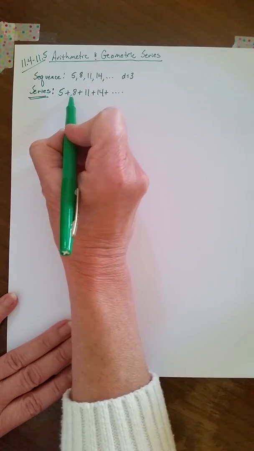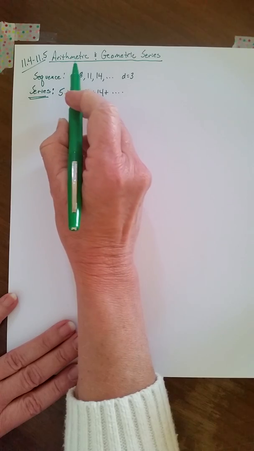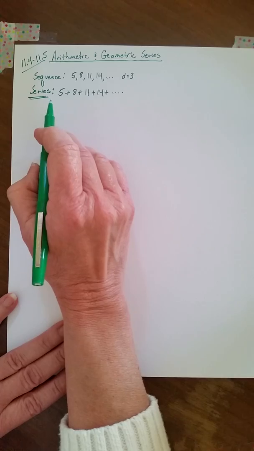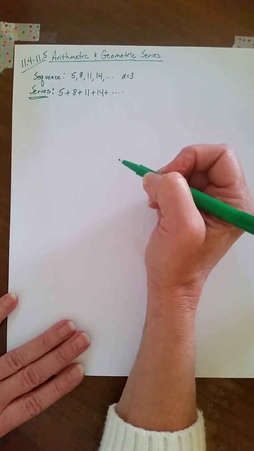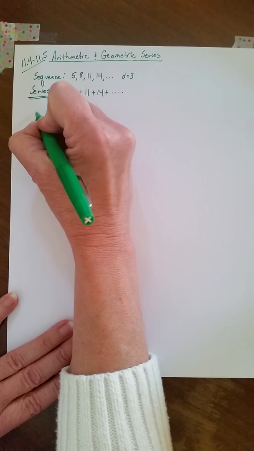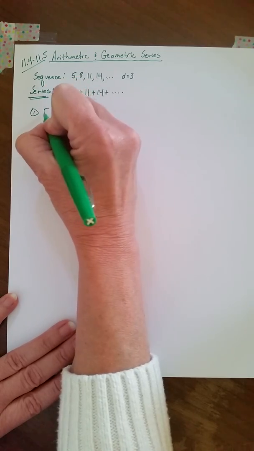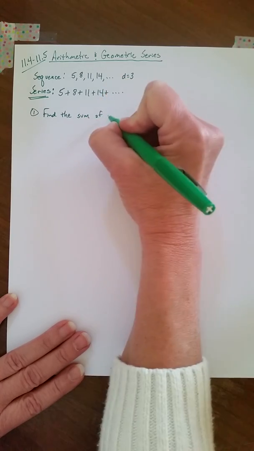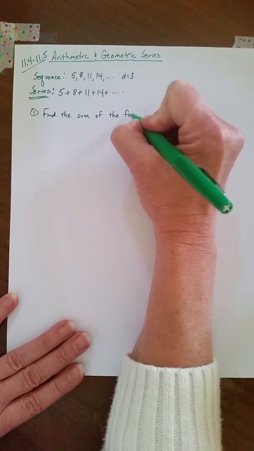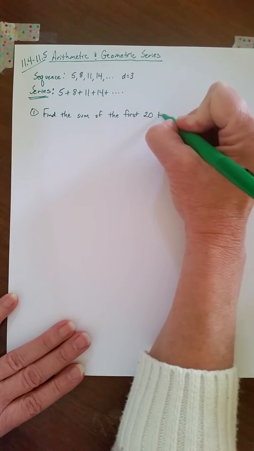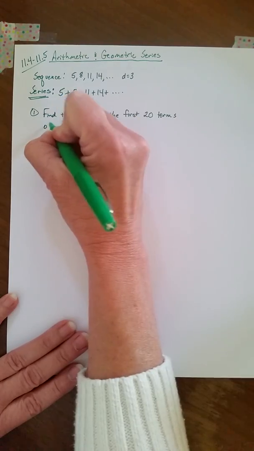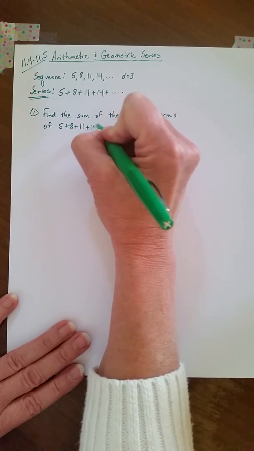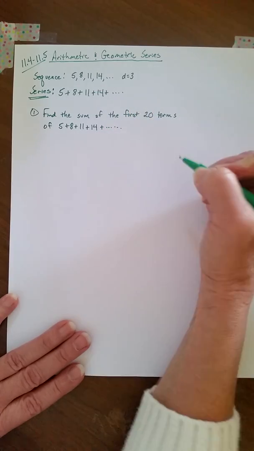Now, what we're going to do is find the sum of arithmetic and geometric series. Like I said, I'm going to start with the arithmetic series. So it's going to look something like this. Number 1, find the sum of the first, let's say 20 terms of 5 plus 8 plus 11 plus 14 plus ... Okay?